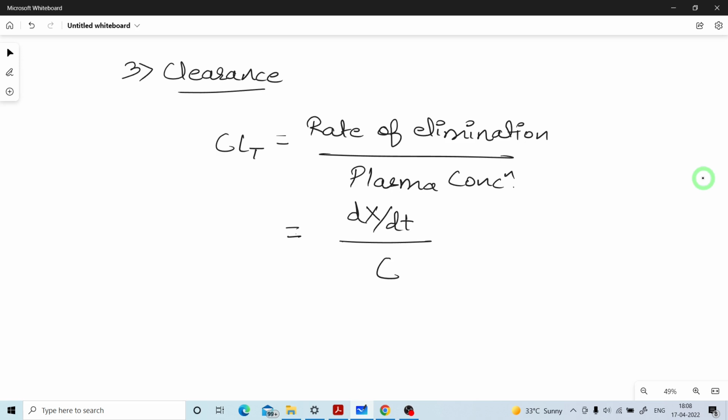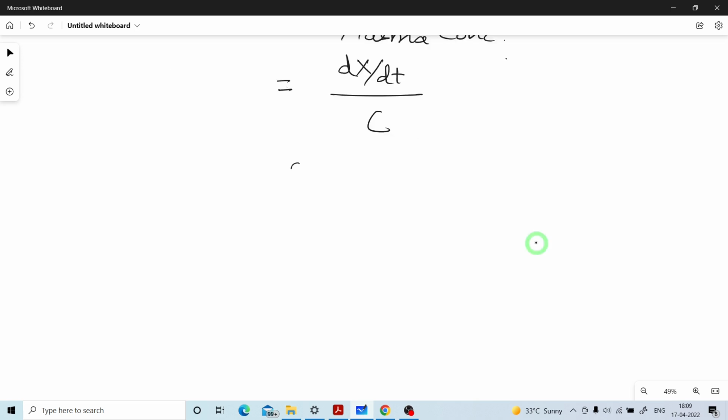So dx upon dt upon C, this is what we are going to get. Now, from equation 1, we know that dx upon dt is equal to minus KeX. So instead of dx upon dt in the numerator of clearance formula, we are going to write KeX over here.